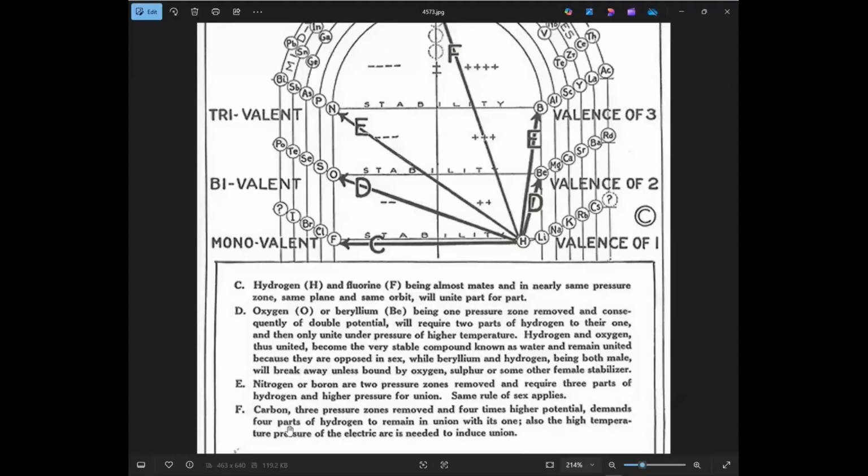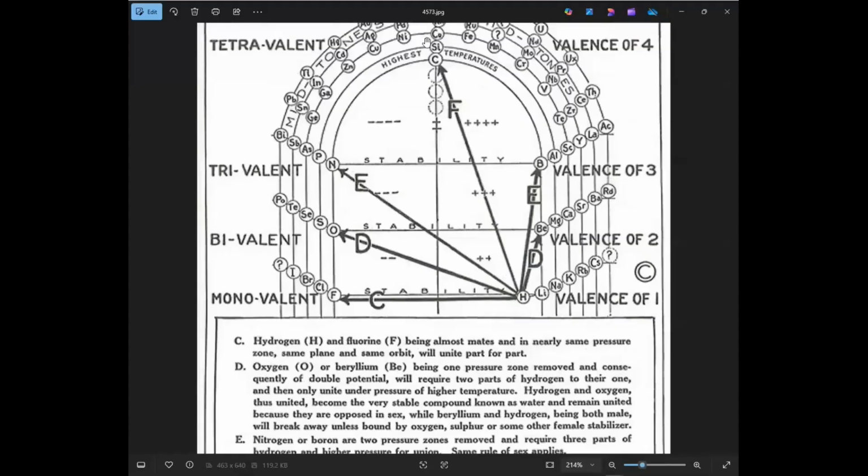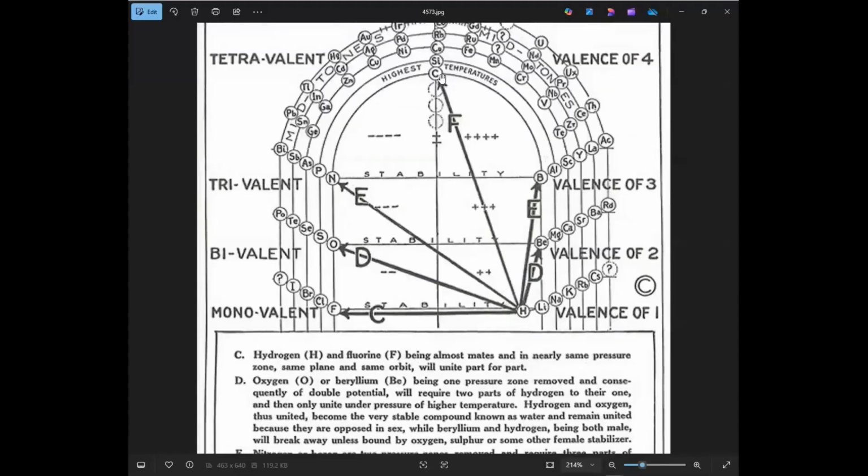Last but not least, carbon, 3 pressure zones removed and 4 times higher potential, demands 4 parts of hydrogen to remain in union with its 1 part of carbon. And also the high temperature pressure of the electric arc, that's a torch, right, is needed to induce the union of hydrogen and carbon. So you need 4 hydrogens because 1, 2, 3, 4 pressure zones away.